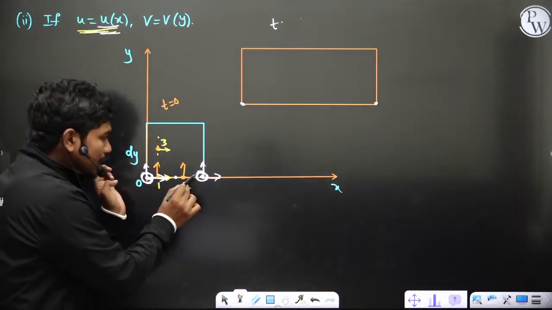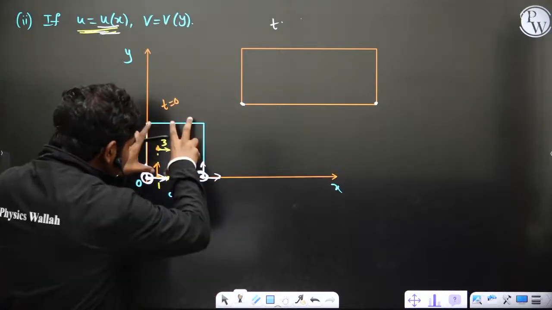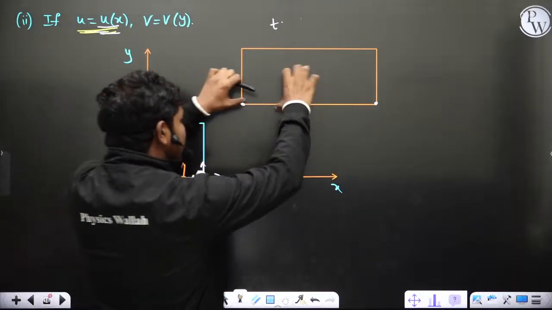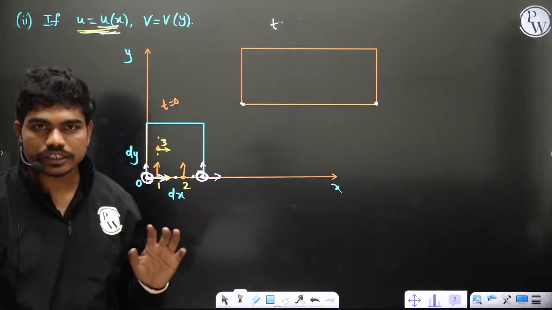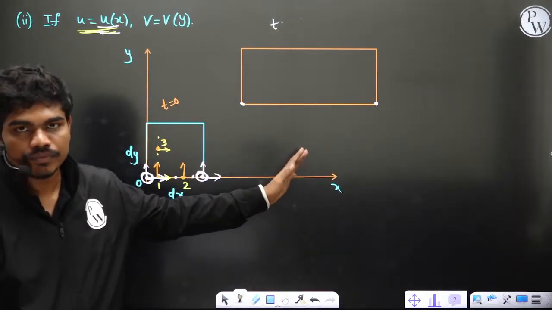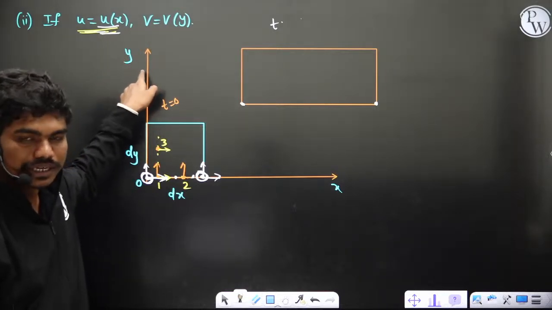Yes or no? If this particle is moving faster than this, but material is still present at every point, that means this block is actually getting stretched in this direction because this edge is moving fast. Can you understand why it gets stretched in the x direction? Of course, I am taking this as a positive, increasing function, so as x is increasing, velocity is also increasing. That's why it's getting stretched.